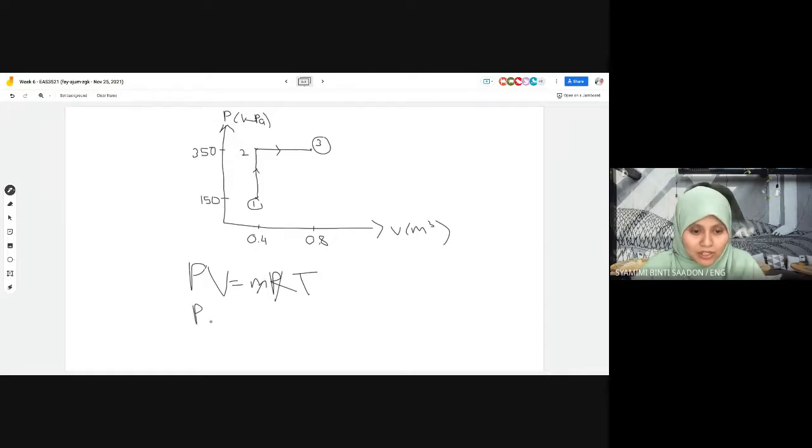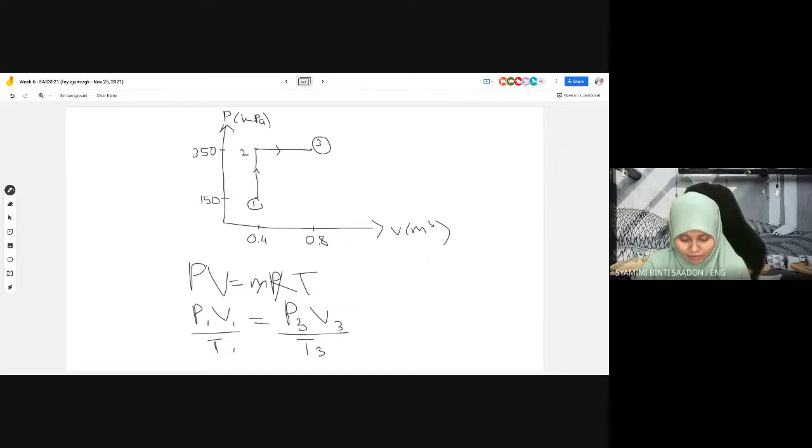So between state 1 and state 3, we have P1 V1 over T1 equals P3 V3 over the final temperature T3. P1 is 150, V1 is 400 liter or 0.4 meter cube.